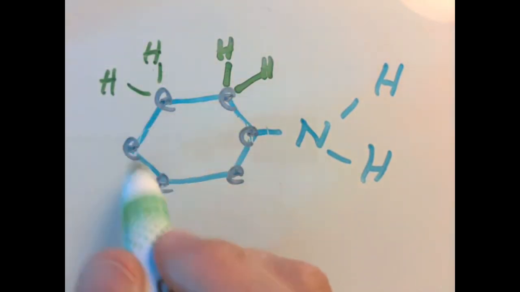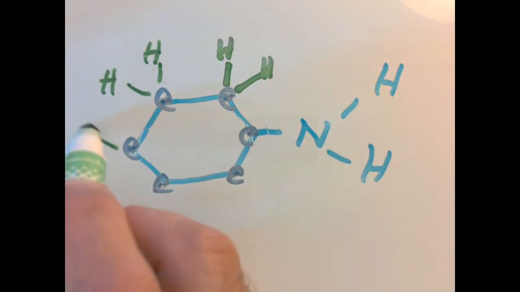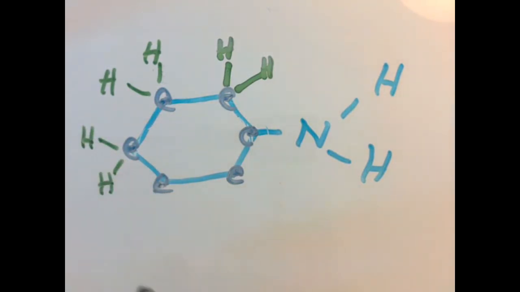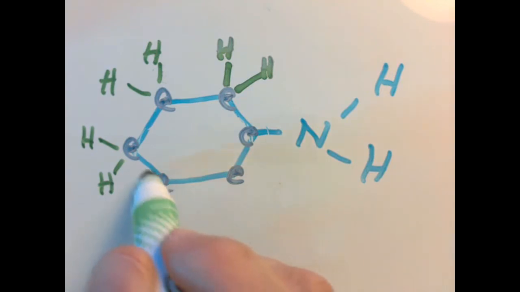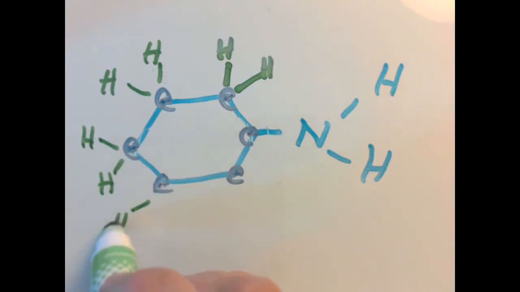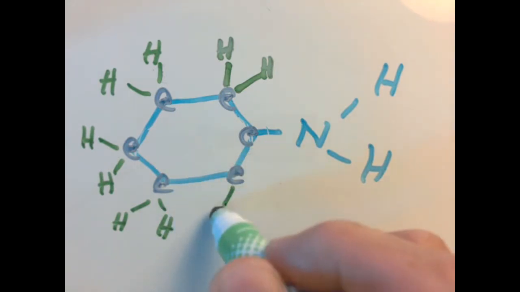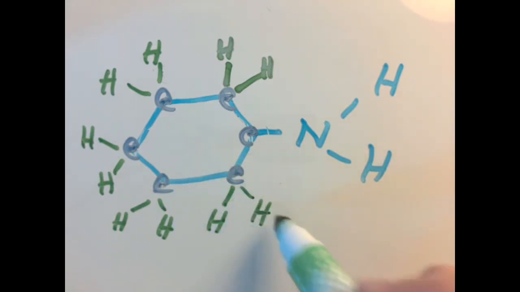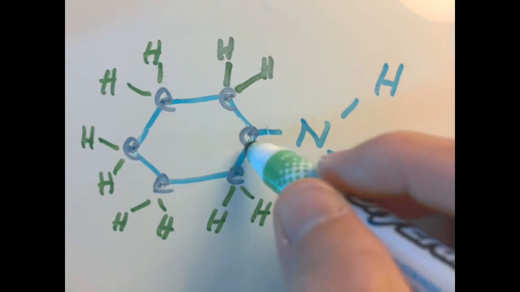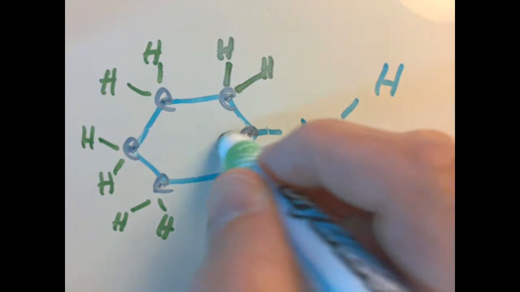Here's a carbon. 1 bond, 2 bonds, we'll give it 2 more. 3, 4. Here's a carbon. 1, 2, 3, 4. There's a carbon. 1, 2, 3. It only needs 1 more.